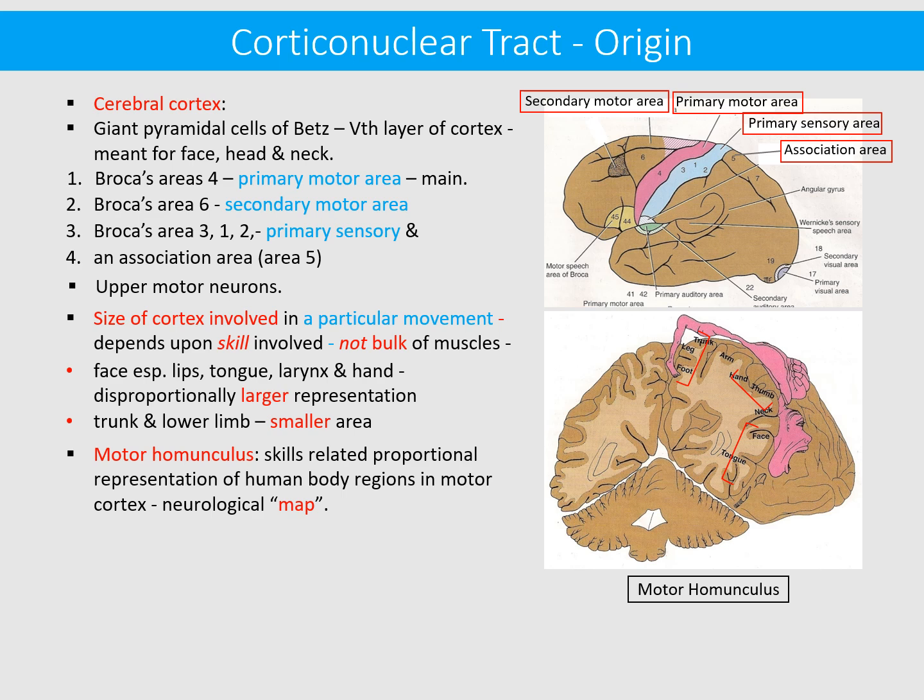Now, the motor homunculus is the mapping of the skill-related proportional representation of human body regions in the motor cortex, and this is also named as neurological map.